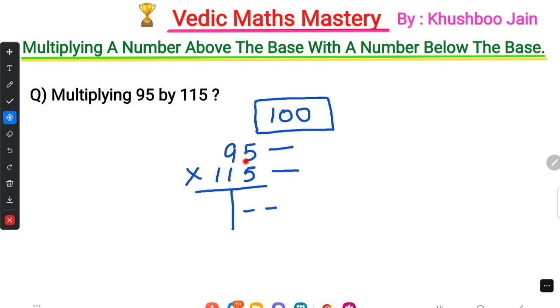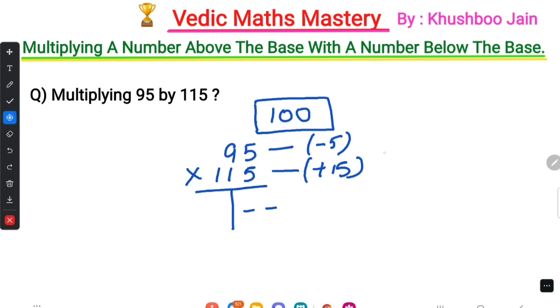One number is below and one is above, so one will be negative and one positive. 100 minus 95 will be minus 5, and between 100 and 115 the difference is plus 15.